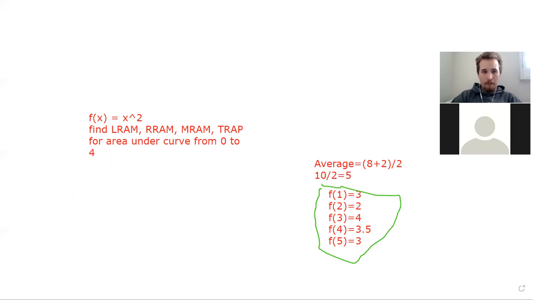And since we're going from f of 0 to f of 4, what's our f of 0? 0, f of 1, 1, f of 2, 4, f of 3, okay, f of 4.